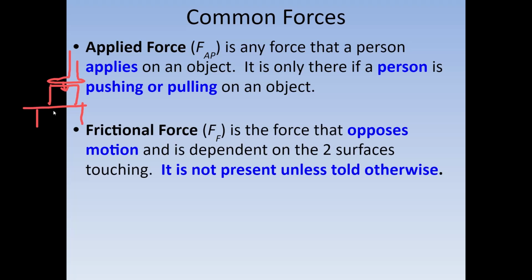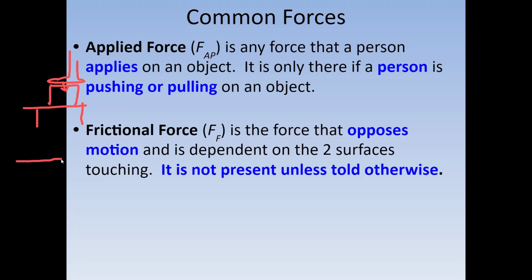Now, there is one caveat to that, and that is that if the scenario wouldn't work without it, then we can assume that there's friction. Again, we'll see examples of this later on, because right now, if I try to explain it too much, it'll be a little confusing.